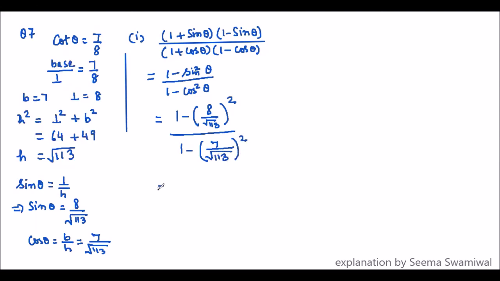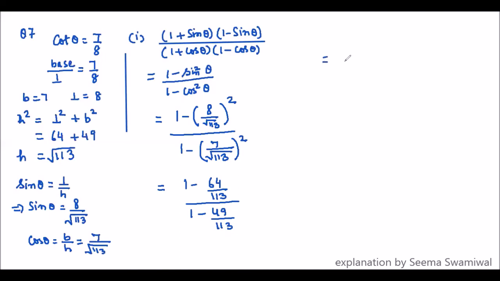So this will become 1 minus 64 upon 113 and 1 minus 49 upon 113.